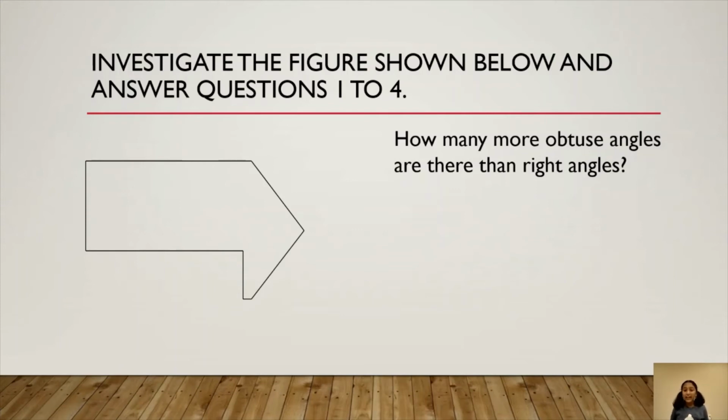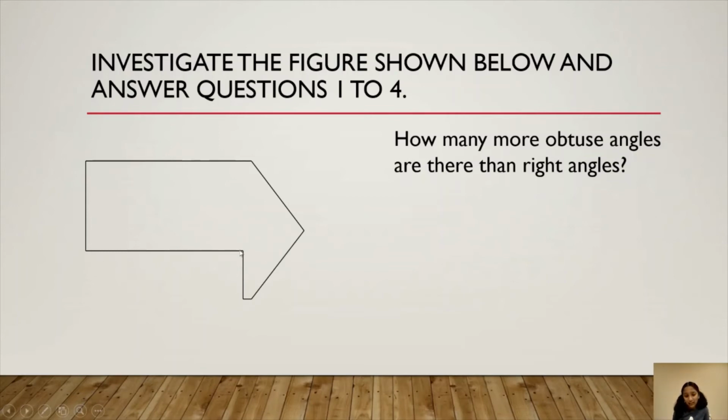Now let's look at the obtuse angles. I think I figured out a few. So first, I looked over here. Definitely this angle right over here is an obtuse angle because it is way more than 90 degrees.